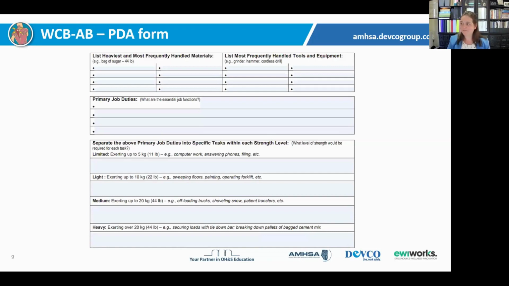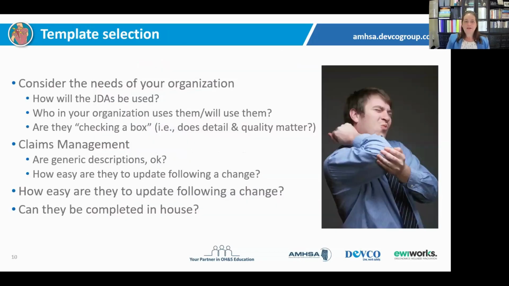Okay. So when you're looking at different templates, and I've just shown you one so far, it's really important to think about the needs for your organization. I'm not sure if any of you participating today have job demand assessments already, or if you're looking at bringing some in.